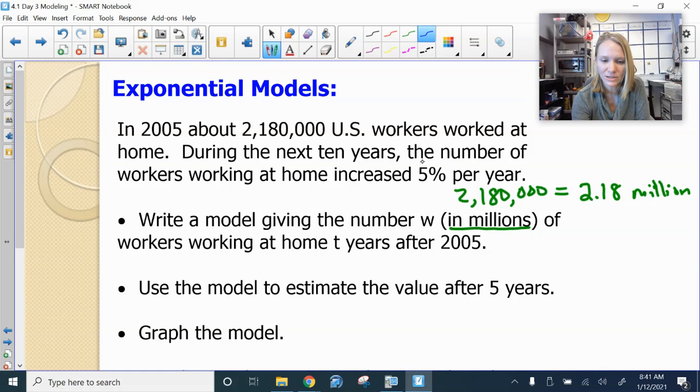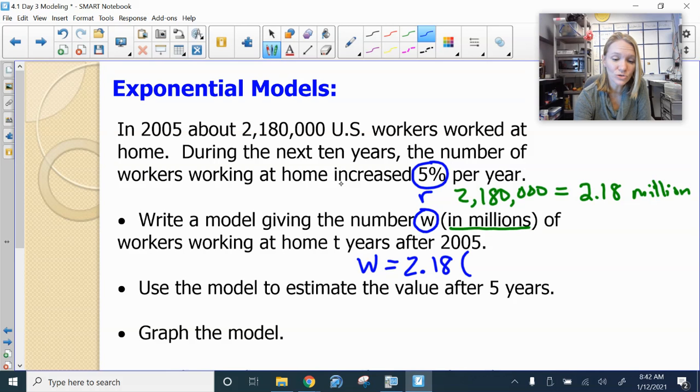We need to know our rate. Looks like our rate is about 5%. So we're going to change that to a decimal. They want us to use W instead of A. Our workers is going to equal our initial amount, 2.18, times 1 plus our 5%.